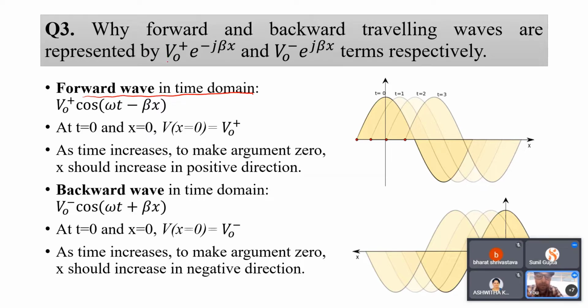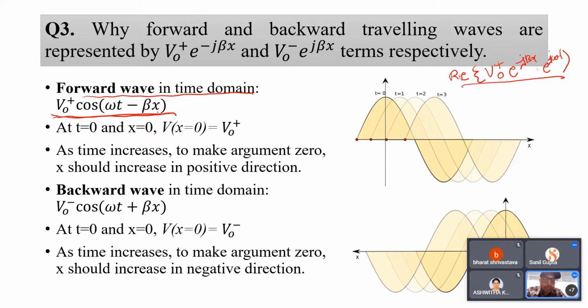To find the time domain form, you have to take the real part of V naught plus e raised to the power minus j beta x into e raised to the power j omega t. So the solution of this term will be V naught plus cos of omega t minus beta x.